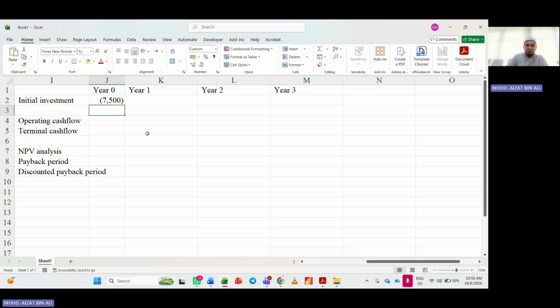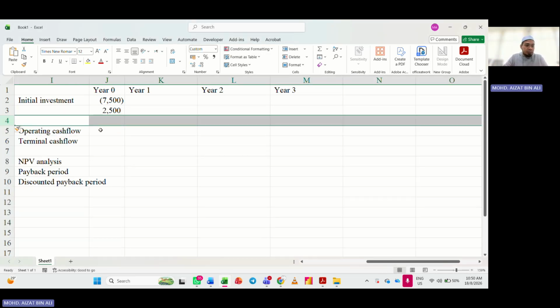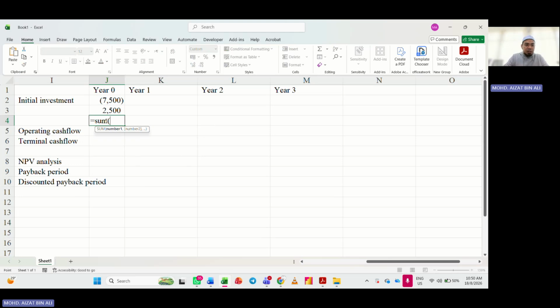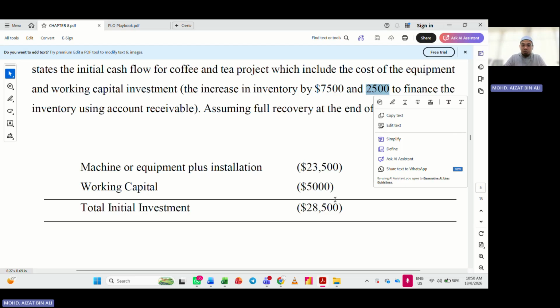This is to pay for inventory, right? And out of this 7,500 ringgit, 2,500 ringgit was a credit purchase. So the net amount would be 5,000 ringgit outflow, exactly like in our module.